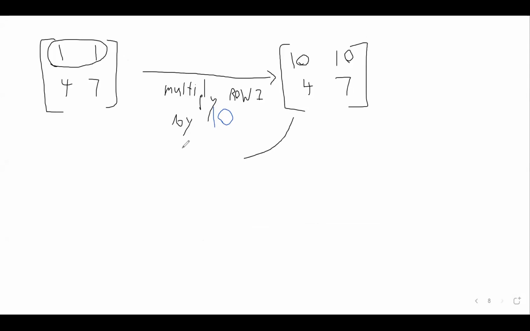There's a corresponding operation to the original elementary row operation of multiplying the first row by 10. That corresponding operation is multiply row 1 by 1/10.